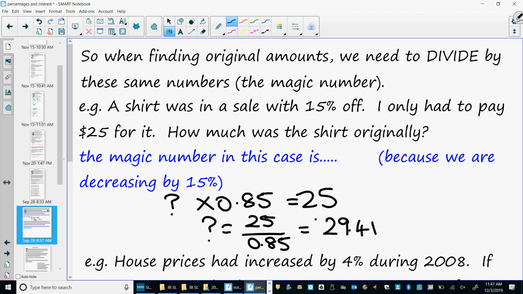So my original price of my shirt was $29.41. It was reduced by 15%, and I ended up paying $25 for it. So our original value was more, which makes sense because I paid less than it.